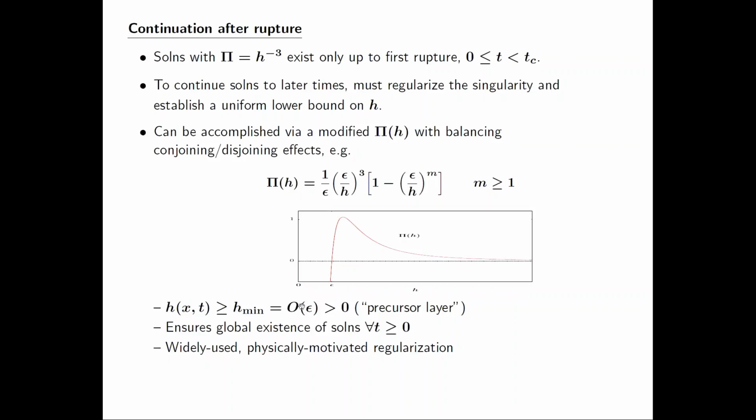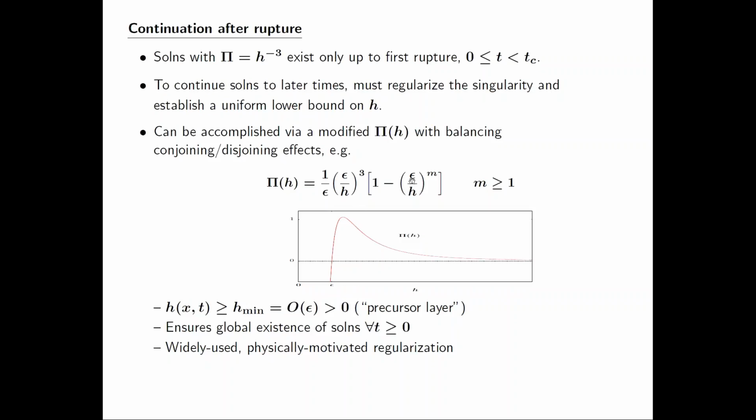But this epsilon can be rigorously shown to be a lower bound, of order epsilon. If the film gets down to here, then you can show it's going to be stable, and it's not going to be able to go below this for this form of the disjoining pressure.